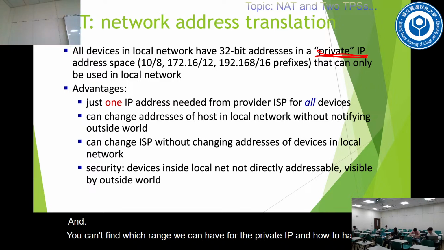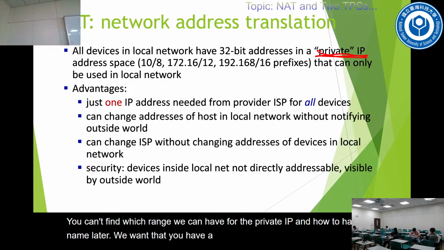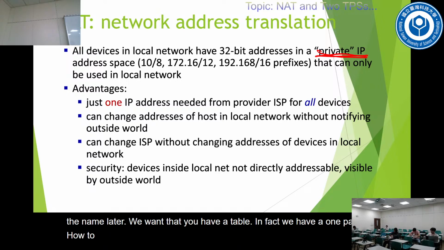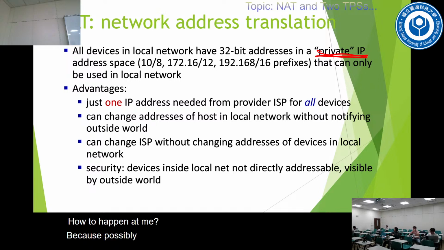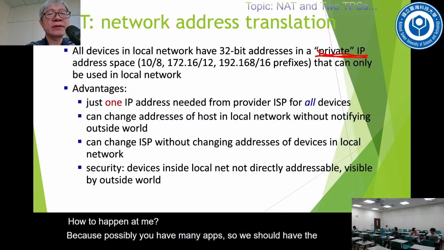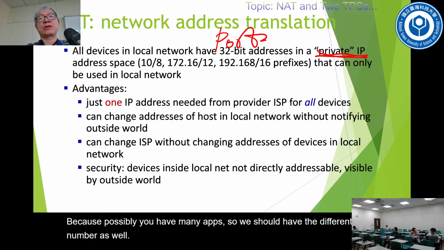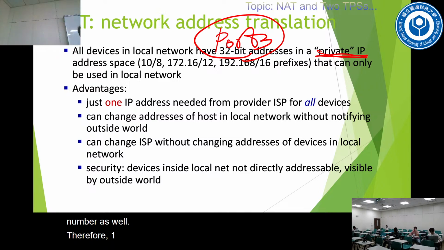Later we will have a table. In fact, we have one public IP. How to have the mapping? Because possibly you have many apps, we should have different port numbers as well. Therefore, one public IP and many port numbers, so that we can have a one-to-one mapping.